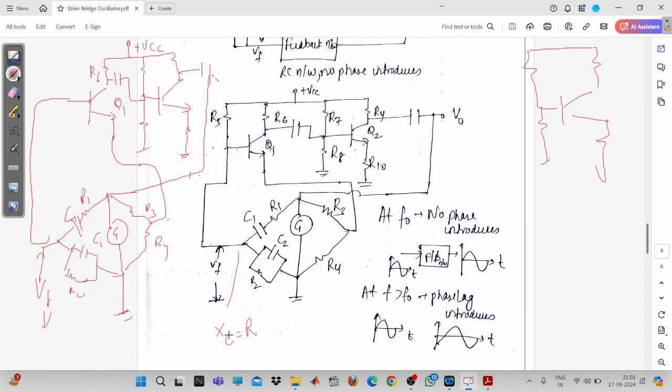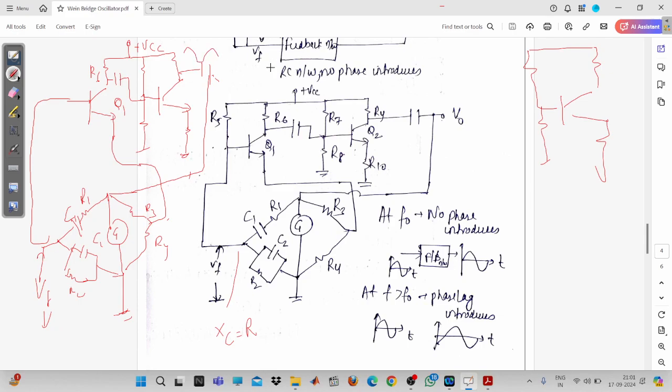It is the capacitive impedance of a capacitor. So by using this Wheatstone bridge arrangement, you will have to select a frequency, and at that frequency you will have to oscillate your output. So basically, at this collector, you should have the resonant frequency.